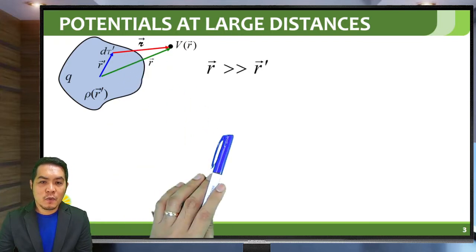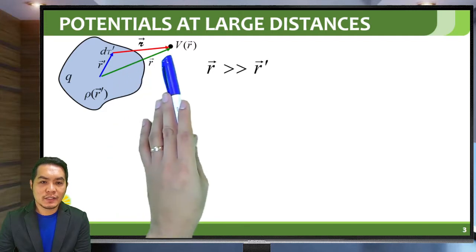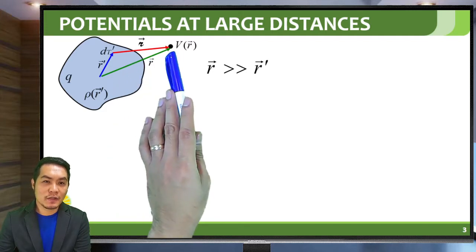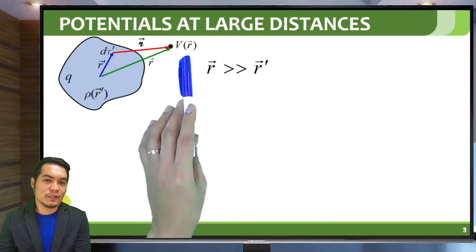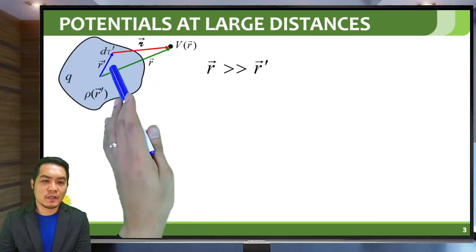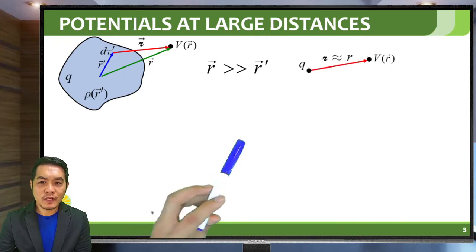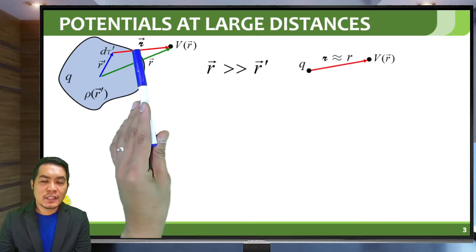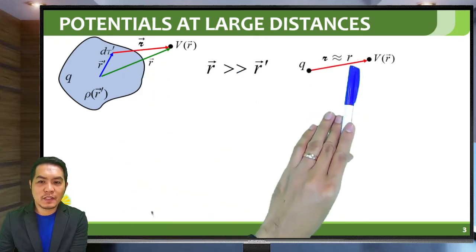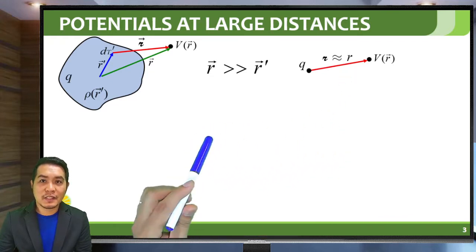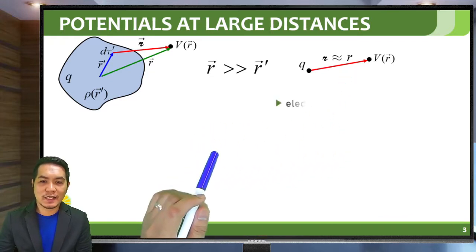Now, when r, the location of your field point, is very, very large as compared to the distance to the source points, then your separation distance will just be approximately the location of your field point in this case.